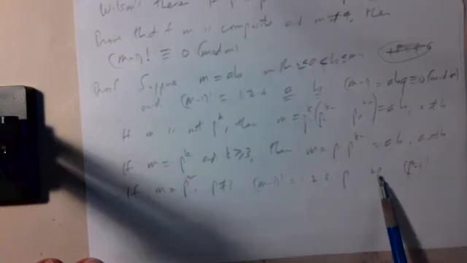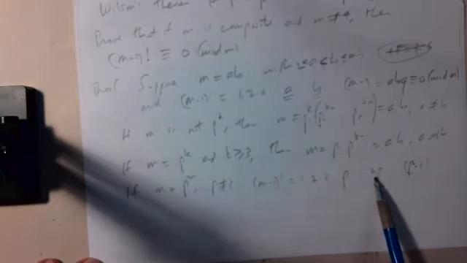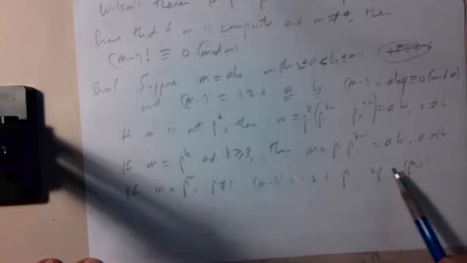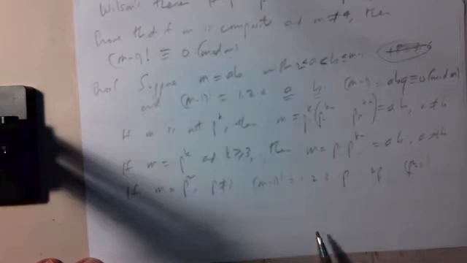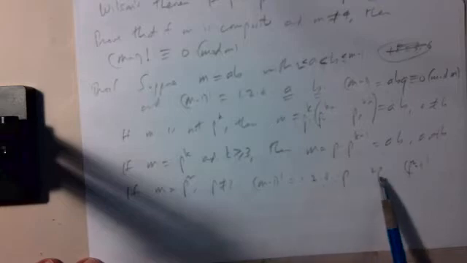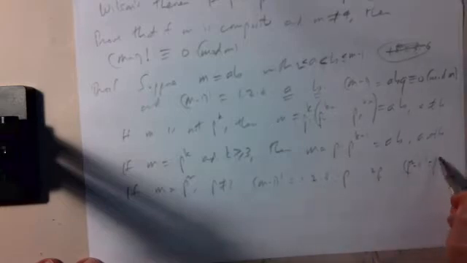But p and 2p are different because p is different from 2, and 2p is not equal to M because p is bigger than 2. P is at least 3. So when I write M minus 1 factorial, I have at least two different factors of p. This is also p squared times some integer q.